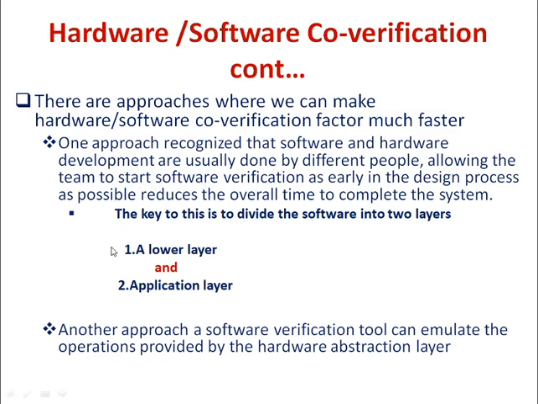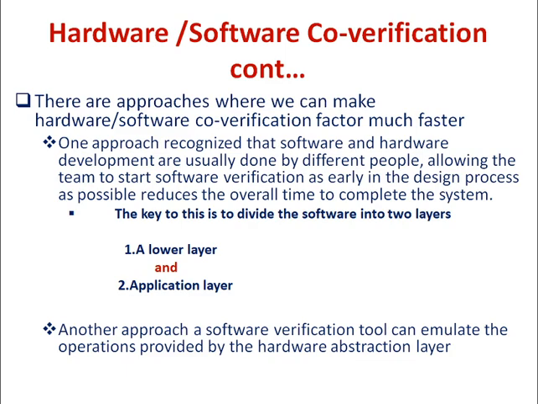In another approach, a software verification tool can emulate the operations provided by the hardware abstraction layer. The software developers can write the software in a programming language, making calls to the emulated abstraction layers, and run the software on their host computer. In this way, the software can run at close to real time.